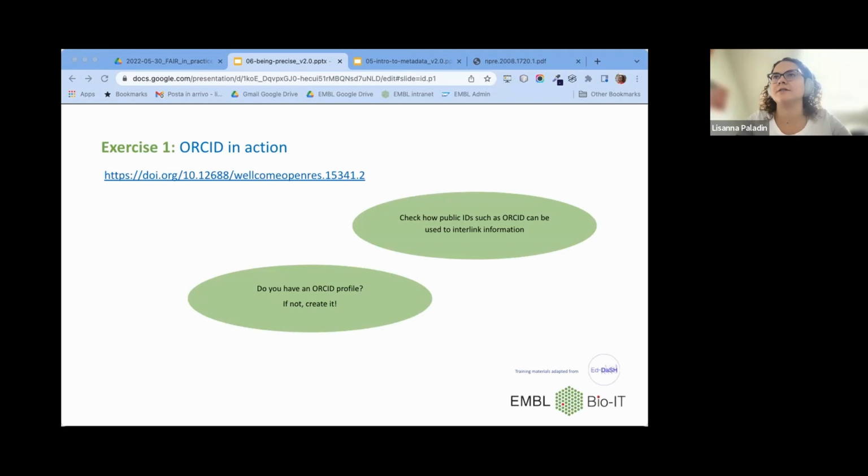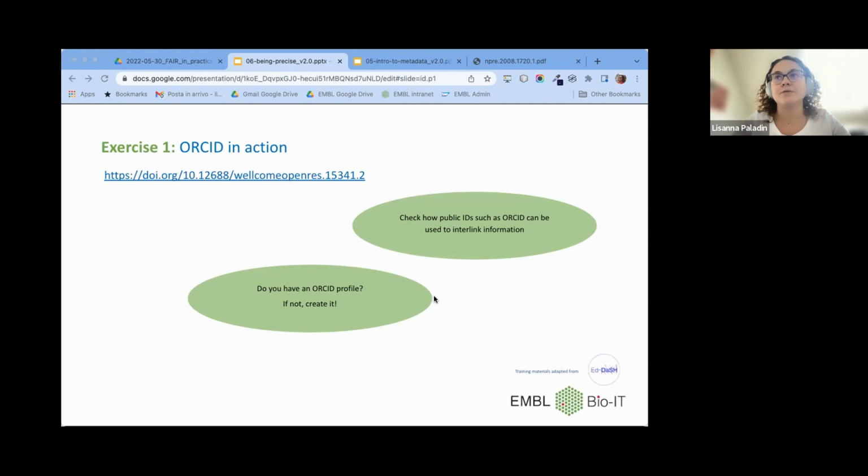Okay, I would say most of us, if not all. I can actually see you all, but I can check the participants. Oh no, not most of us. Okay, so if that's the case, I definitely suggest you take a couple of minutes right now or after the course to create an ORCID profile.